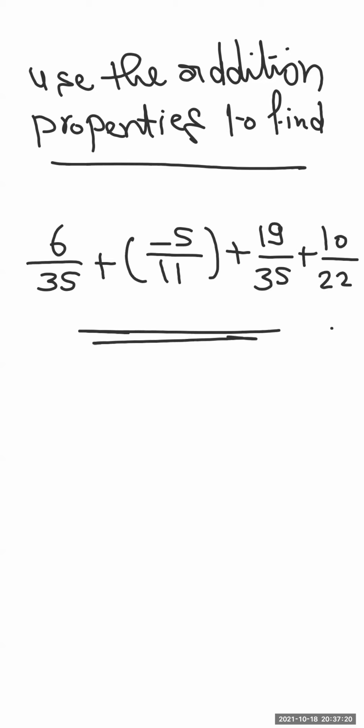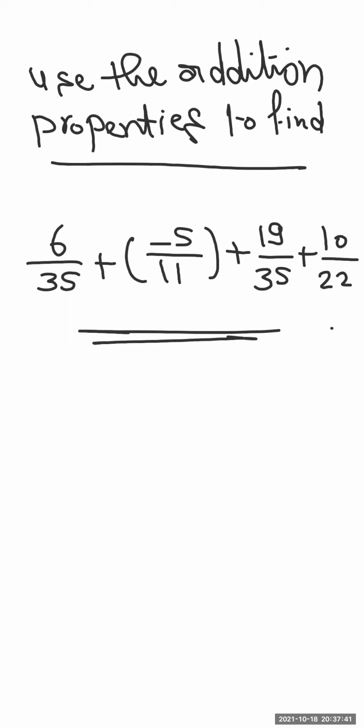First, I have to check if there are numbers here we can simplify. 6 over 35 is in the simplest form. 5 over 11 is already in the simplest form. 19 over 35 is already in the simplest form. What about 10 over 22?